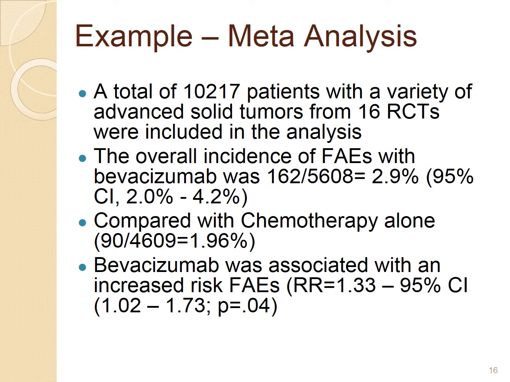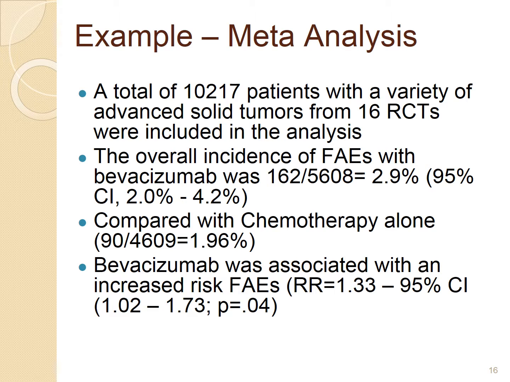From the 16 randomized controlled trials, there were a total of 10,217 patients with a variety of solid tumors. The overall incidence of fatal adverse events in the bevacizumab group was 2.9%, whereas in the chemotherapy alone group it was 1.96%.